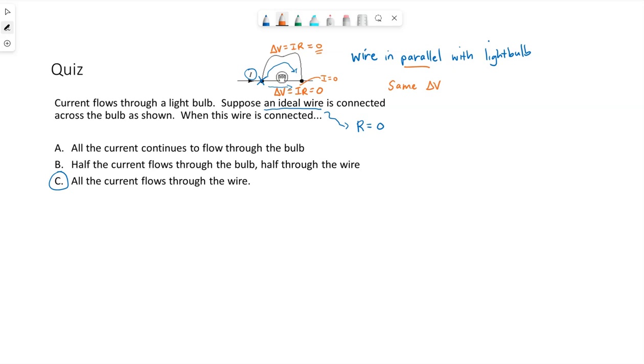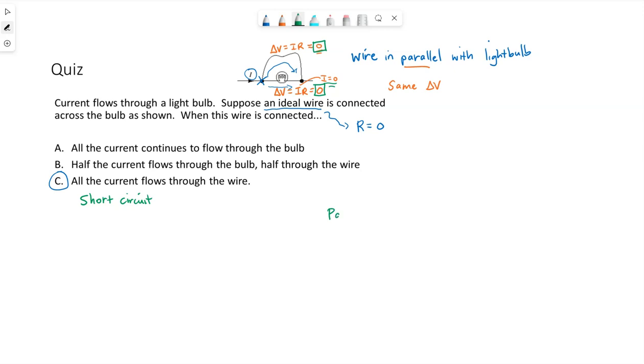So to get a delta V that is the same, both being 0, the current through this light bulb would be 0 if that wire was ideal. All the current would go through the wire. We would short circuit the light bulb, not have any current flowing through it.